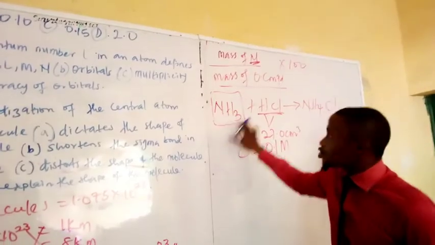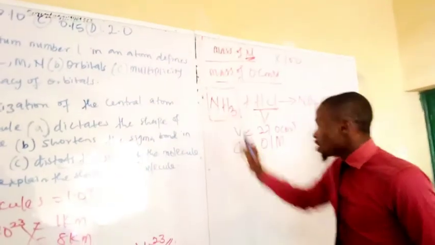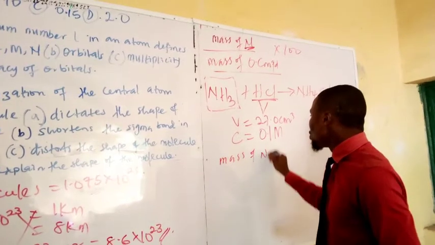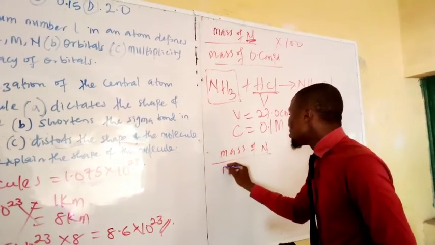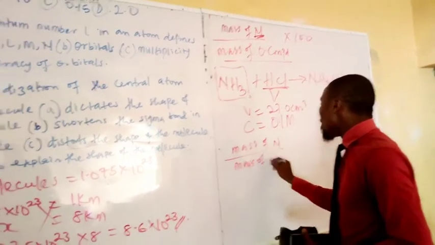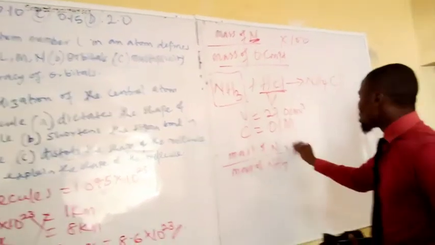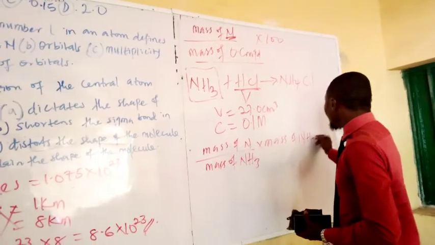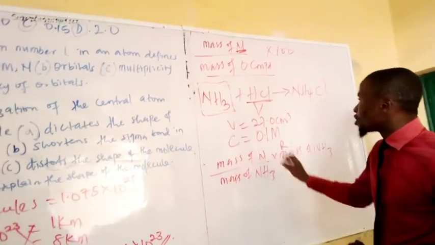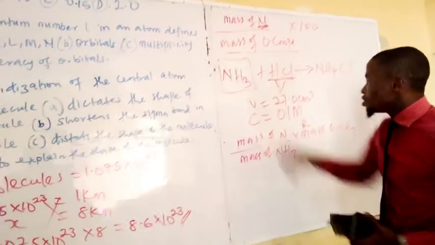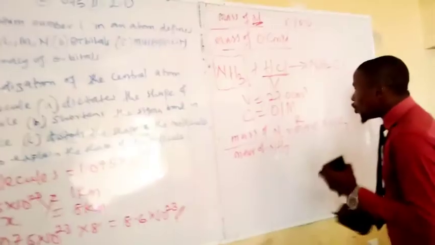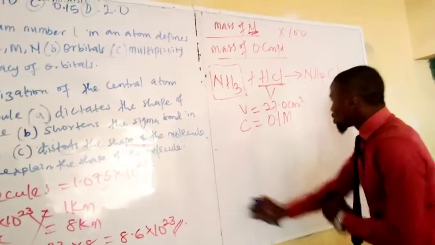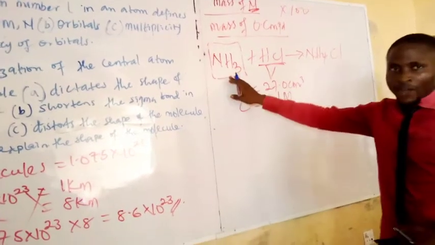Because if we know the reactive mass of this, we are just going to say the mass of nitrogen all over the mass of ammonia multiplied by the total reactive mass of ammonia. That will give us the reactive mass of nitrogen. Do you understand? But we don't know the mass of ammonia yet, which means there must be a relationship to get the mass of ammonia.